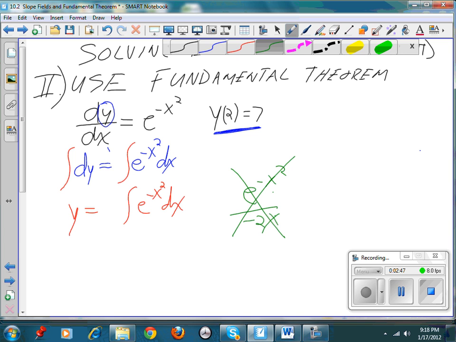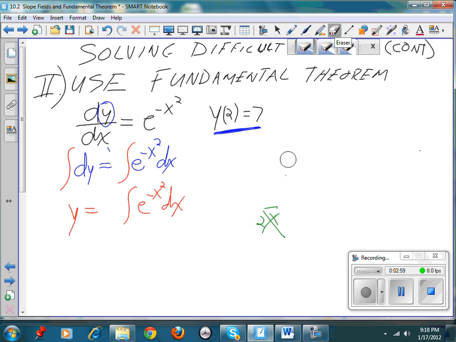So in reality, what makes this difficult is you can't integrate this. In fact, in order to integrate this function, you need a Taylor series, something out of BC calculus. So you can't integrate it. Well, what can you do? Well, I can kind of leave it like that, right? I'm going to leave it like that, and I'll just write something down here.